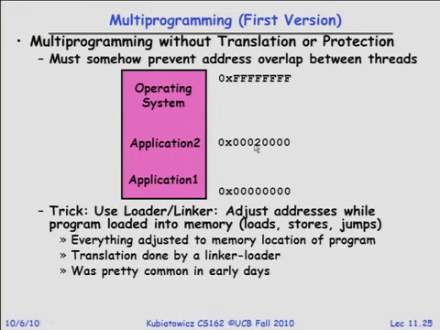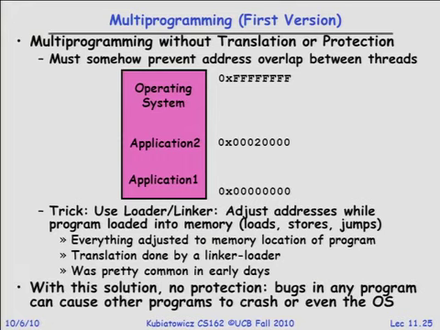The best we could do is somehow put 2 and 1 on top of each other in memory, which we can't do. That's the whole physics thing. So this is the best we can do if we want these two things running at the same time. Of course, bugs in any one of the programs or the operating system can overwrite each other. Nothing you can do about it.